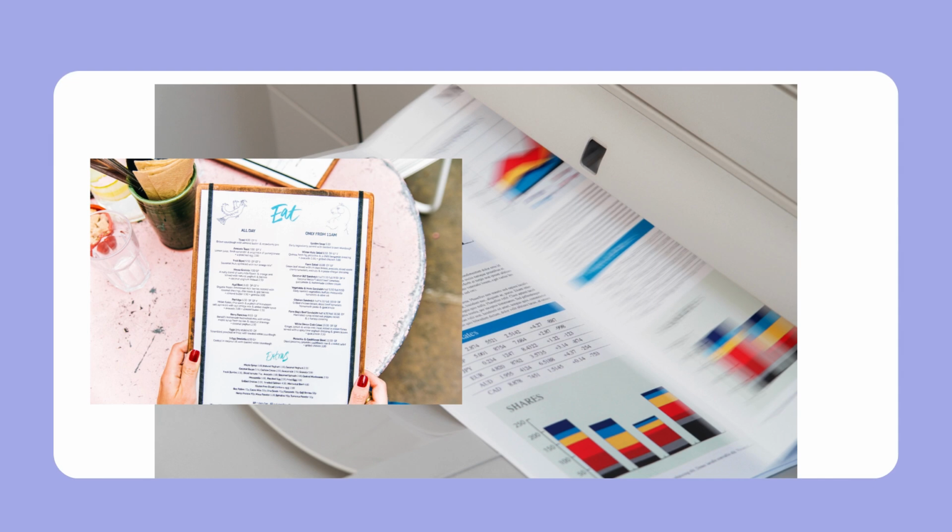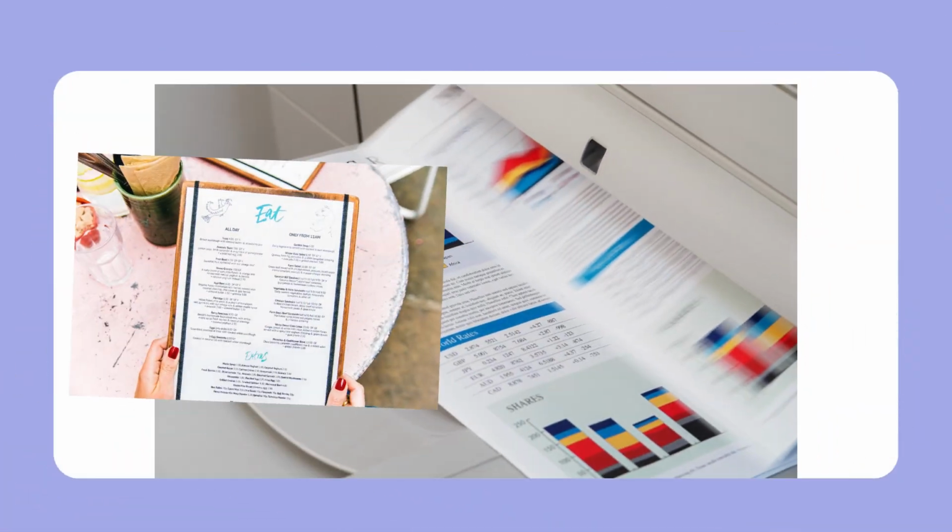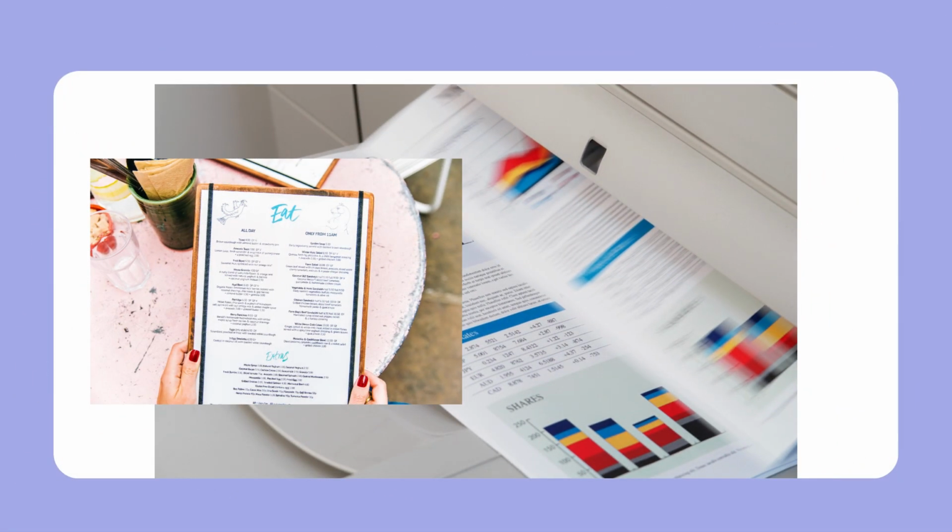Print volume in bulk printing reduces the cost per page due to economies of scale. The print quality can be high because of the resolution that it provides, and detailed graphics increase costs. Finishing options such as lamination, binding, and embossing add to costs.